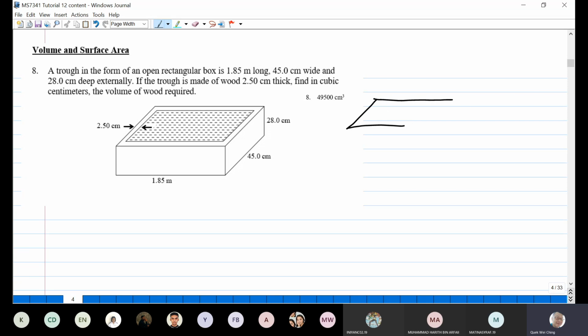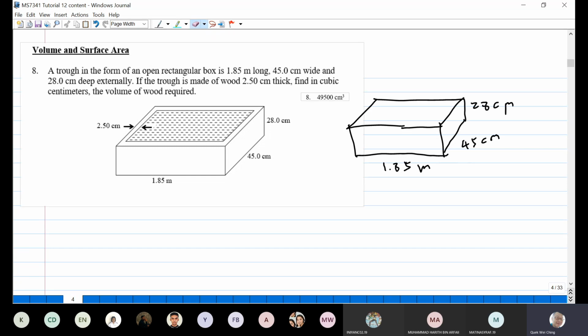This is the big one first, the external. So this is 1.85 meters, this is 45 cm, and this is 28 cm.